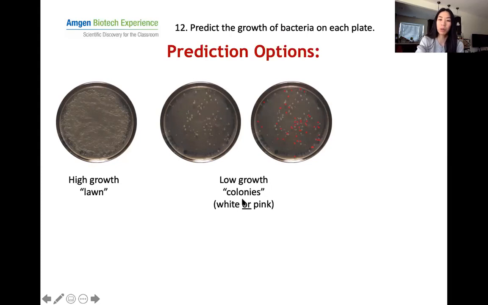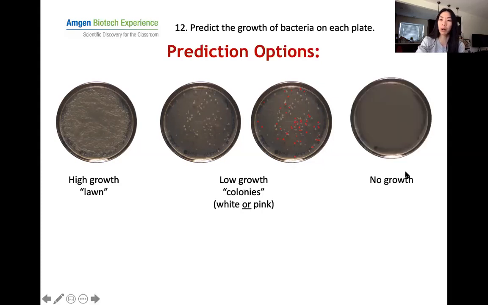Now the low growth or colonies could either be white, really clear cells, no color, or they could be pink. So when you do your predictions, if there is low growth, would they be white or would they be pink? And remember, they would be pink if they are producing RFP. The last prediction could be just no growth at all. So on this plate, there's no bacteria growing, none of it grows.